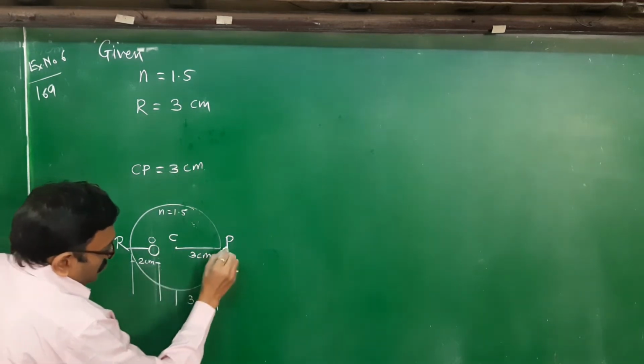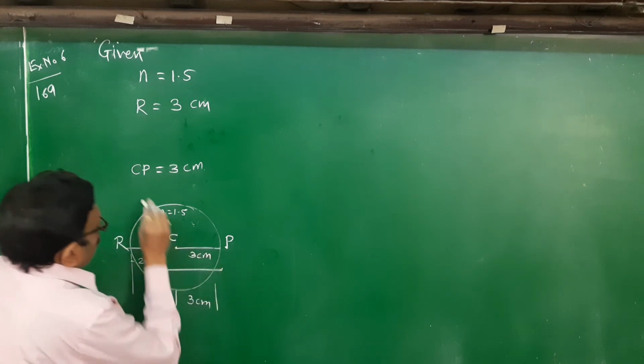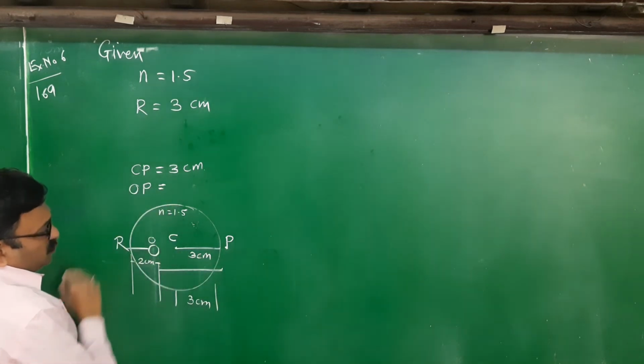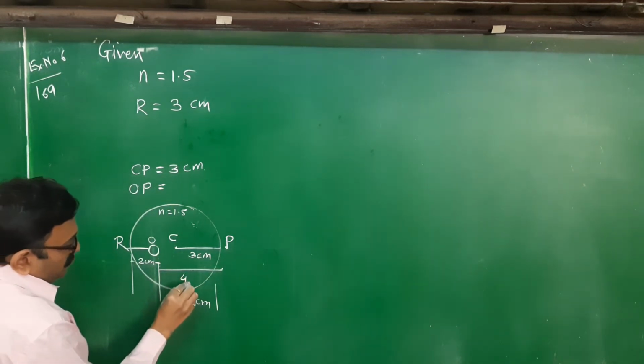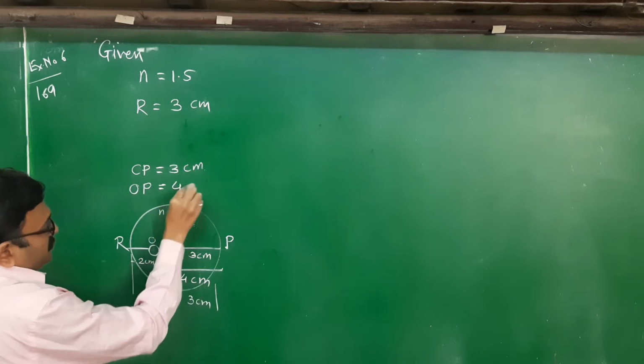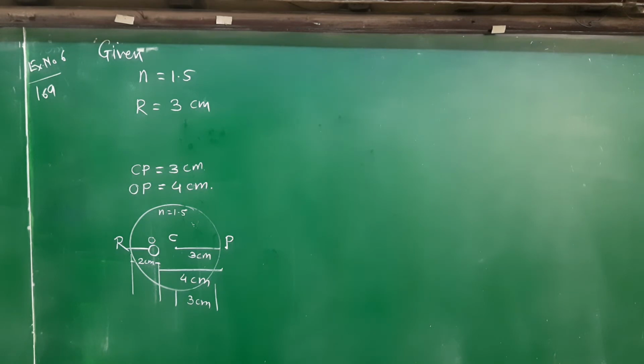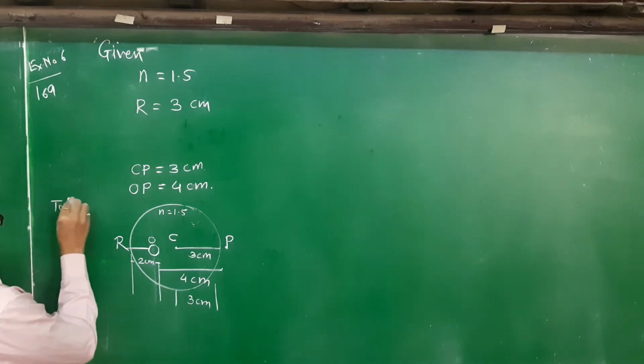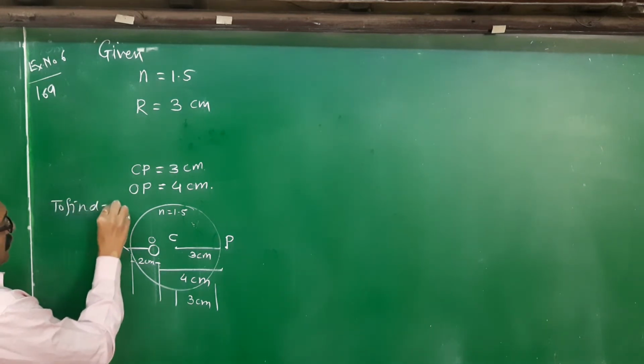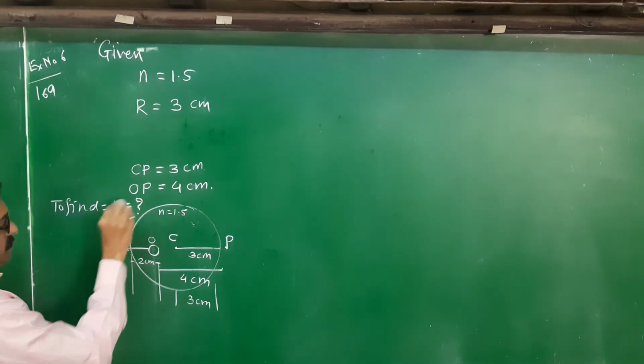OP is the distance through which we observe, and OP will be nearly 4 centimeter. Here we have to determine where the image will appear. That means we have to find the image distance v.